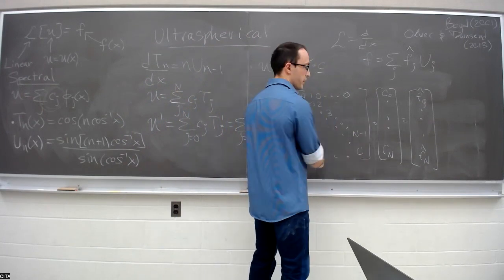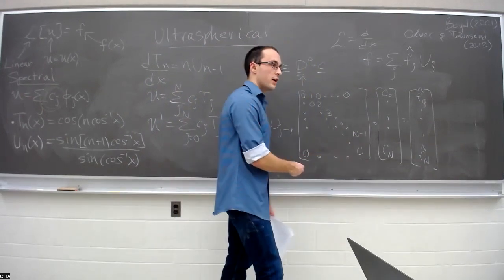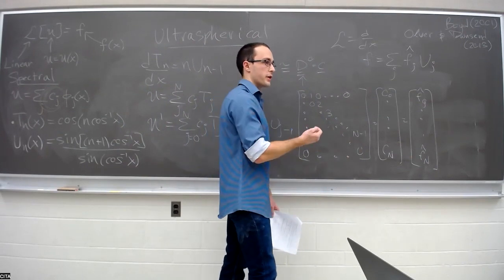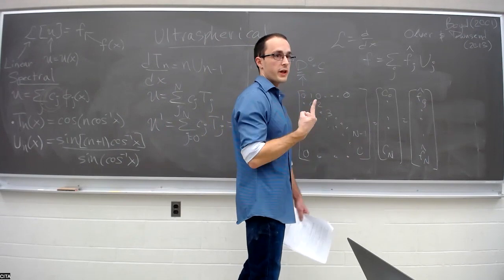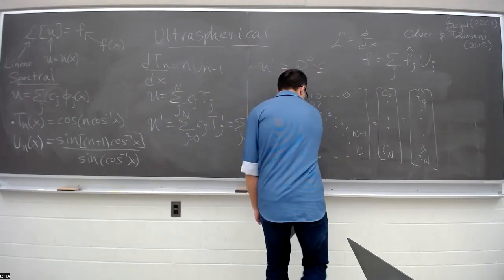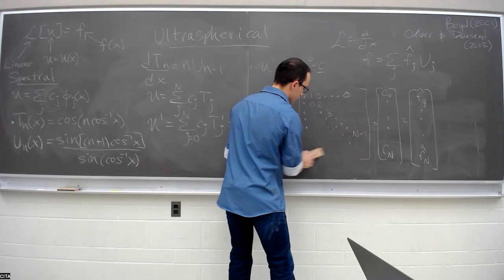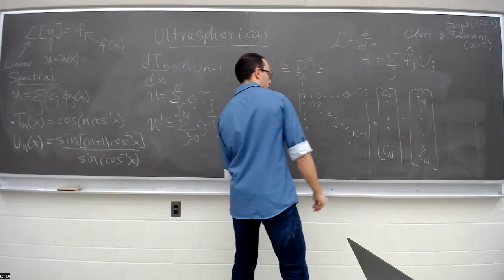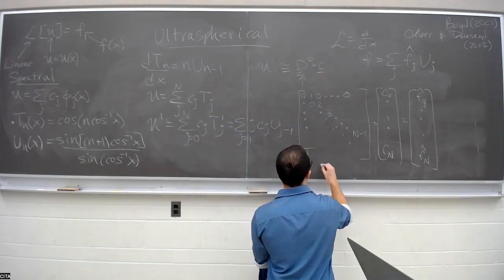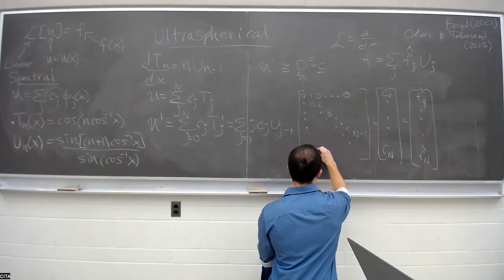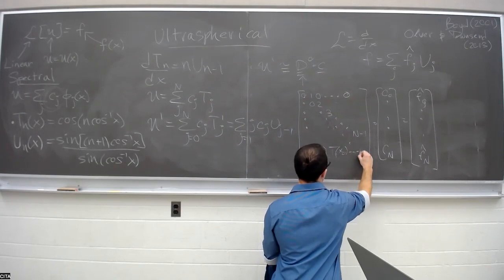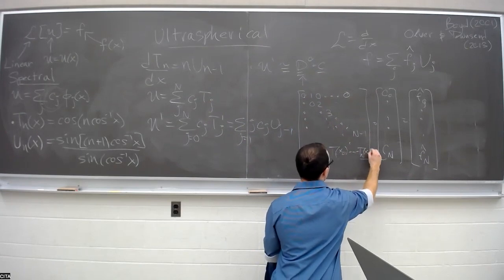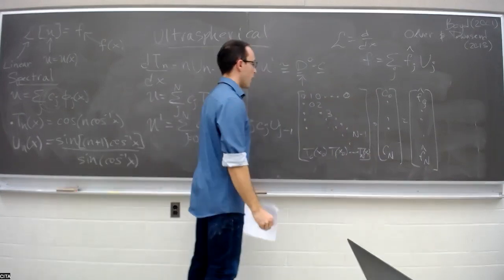So this row is basically useless, and it would give us a singular matrix unless we replace it with boundary conditions. That makes sense here because we have a first order differential equation, so we need 1 boundary condition. We can use the same approach as in the spectral collocation and replace this with some boundary condition, either at x naught or the last one of the boundary, whichever we're imposing the condition on.